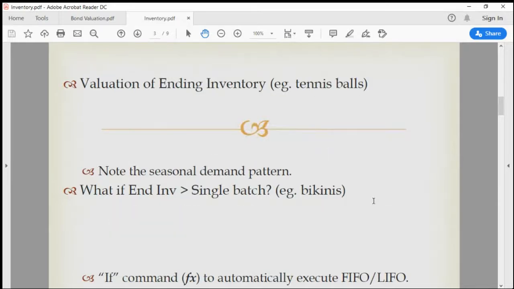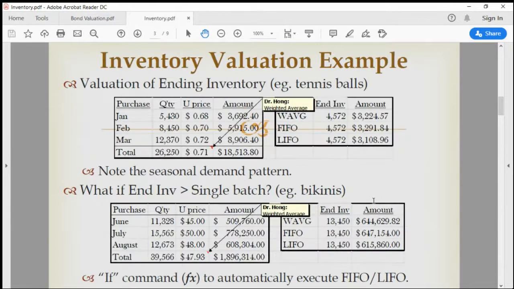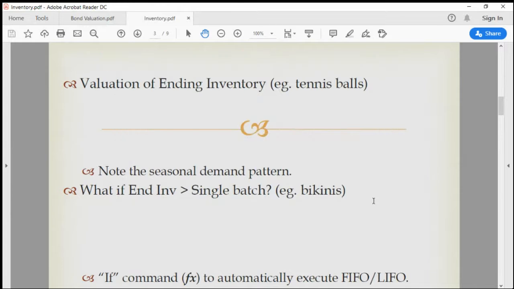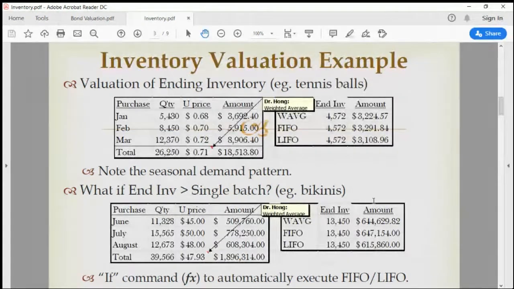It's like your GPA. Your GPA is not a simple average, but a weighted average. Why? B in English is not the same thing as B in math. Math is 4 credit, English is 3 credit.